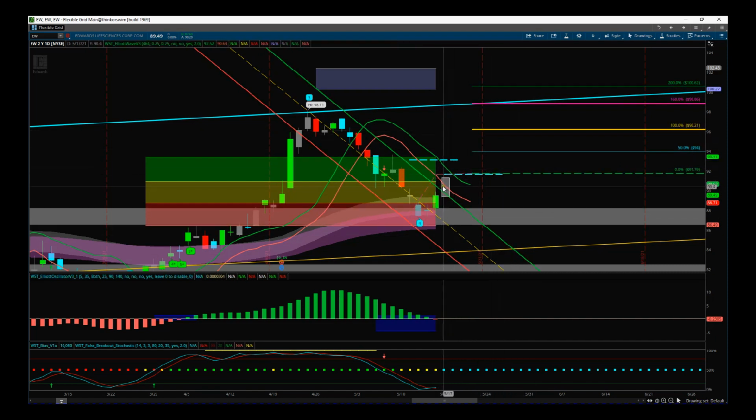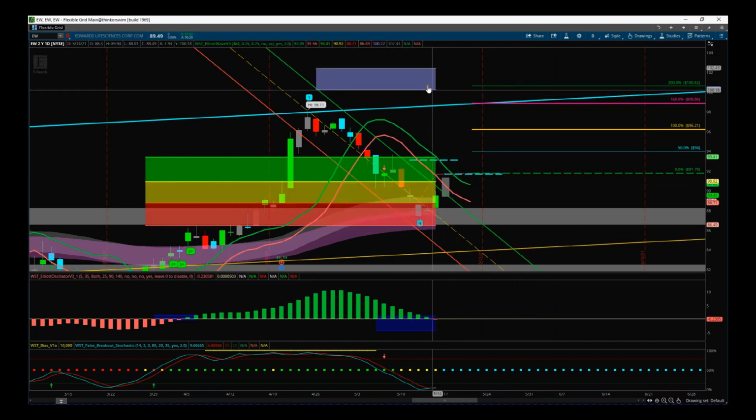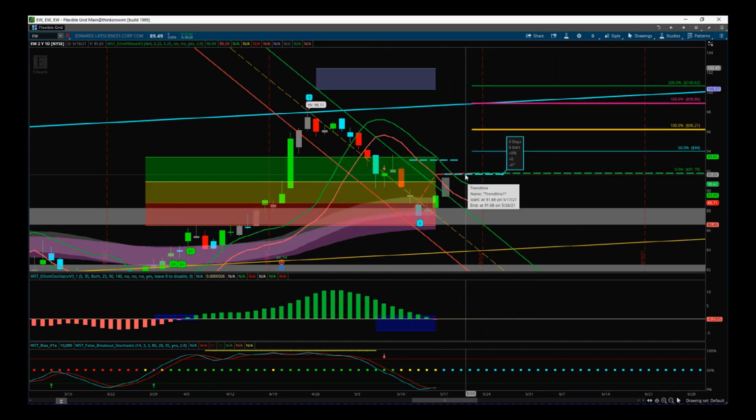So $10,000 risk for a $20,000 reward isn't bad. So for me, the strategy today would be put the conservative on. If it doesn't take it in, fantastic, okay. We then wait for the candle.